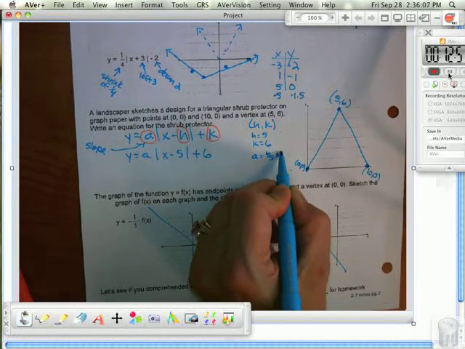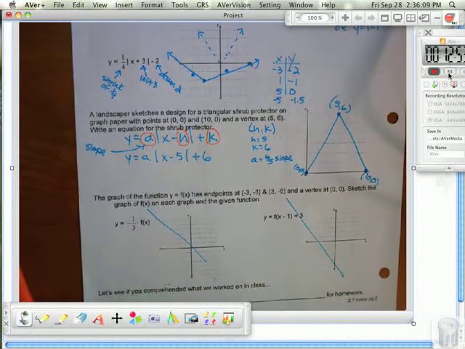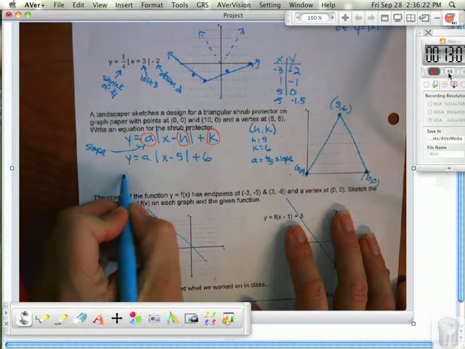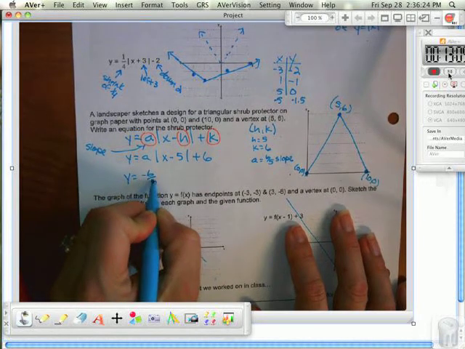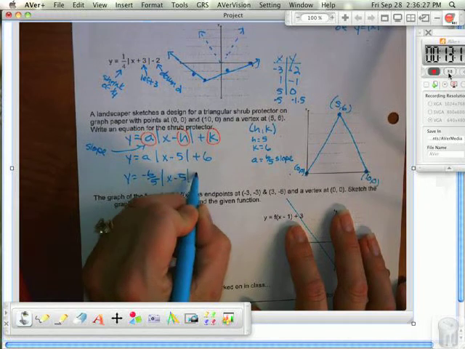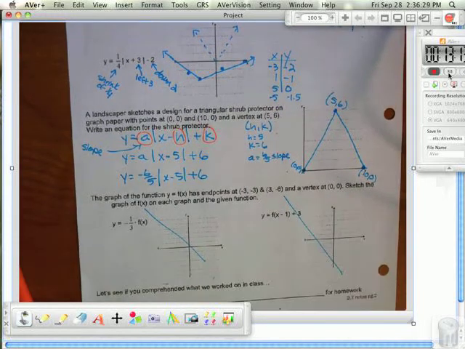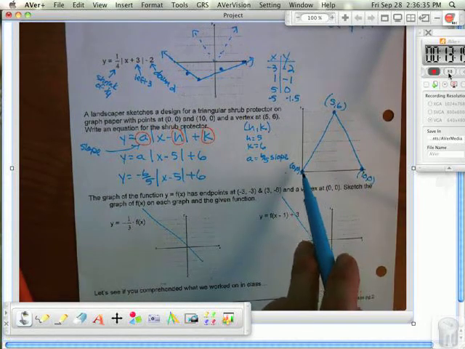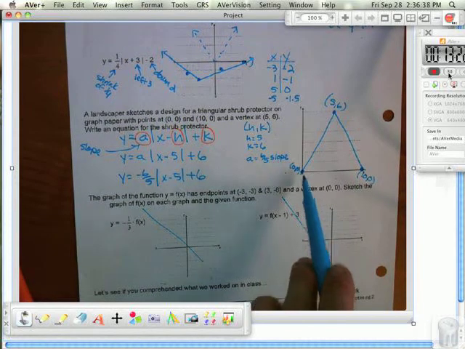The only problem is, if this graph is opening up, it means it's a positive, right? If it's opening down, that means it's a negative. So you'd have to still get the slope, but you have to write it as a negative 6/5. And you're done. Good job, Ben. Wait, how did you get the slope? Just the difference between these 2 points. Or rise over run, up 6 over 5, however you want to look at it.